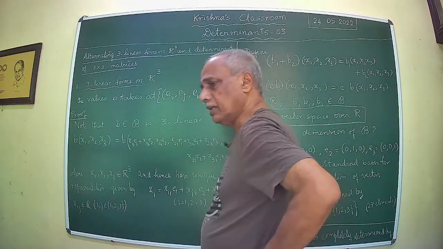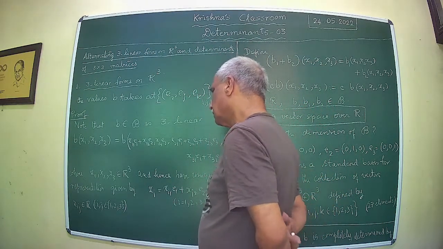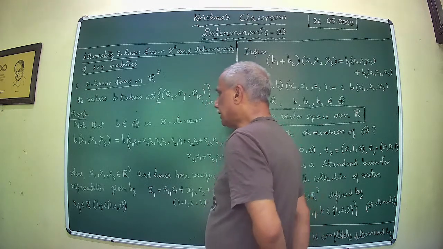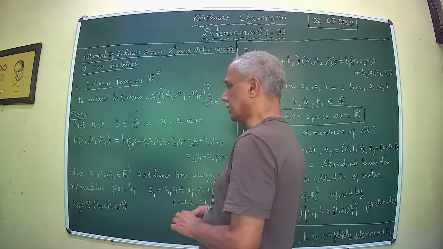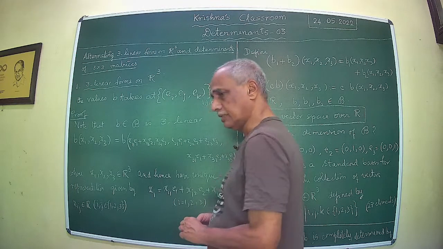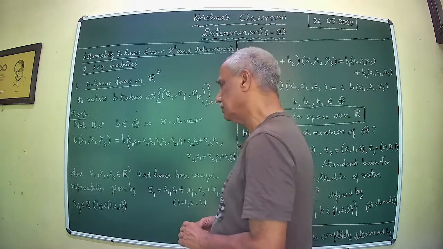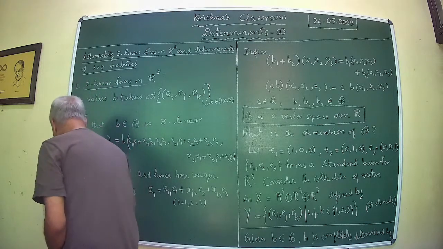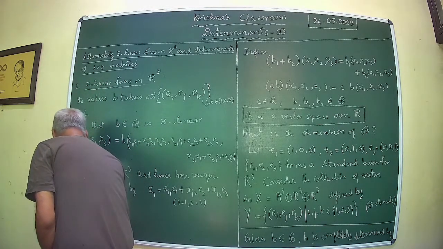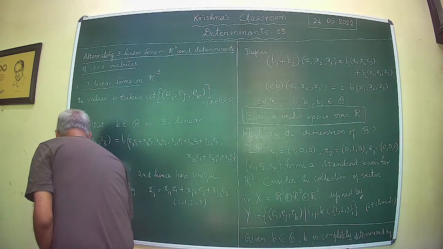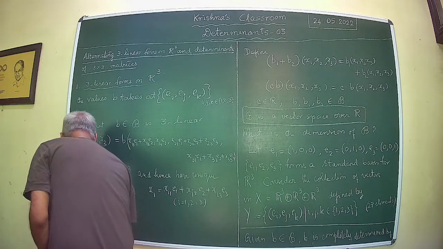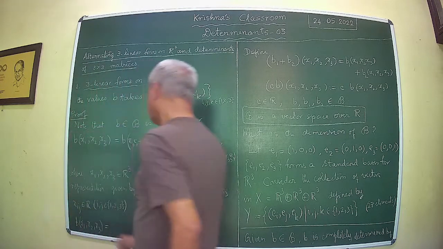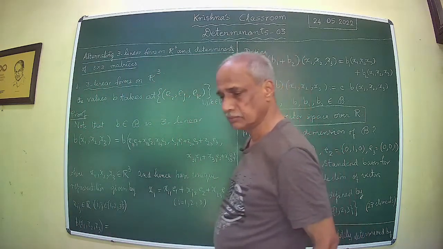Now, what we apply is the fact that B is 3 linear. Recall the definition of 3 linearity, and then if you make the computation, you get B of this is equal to the following.